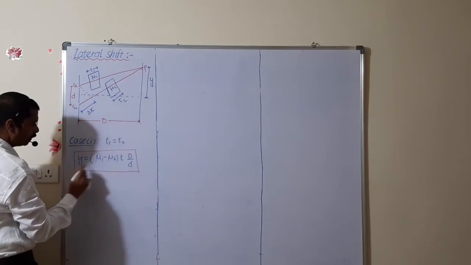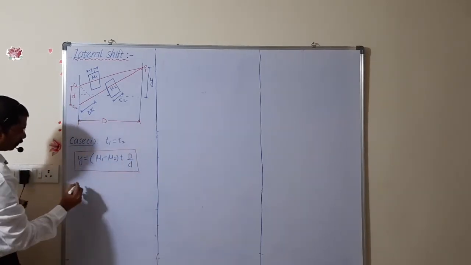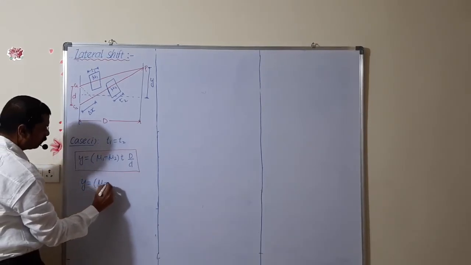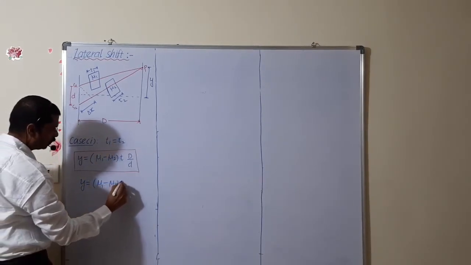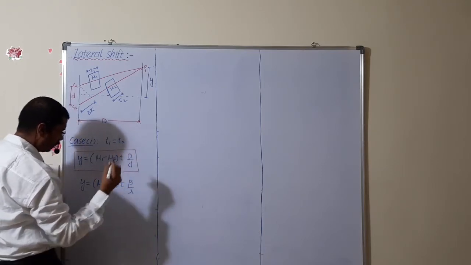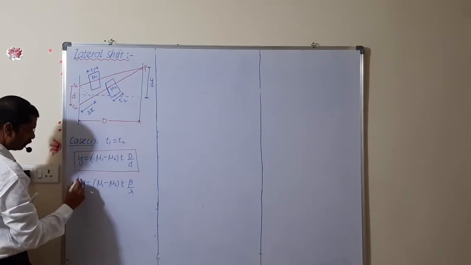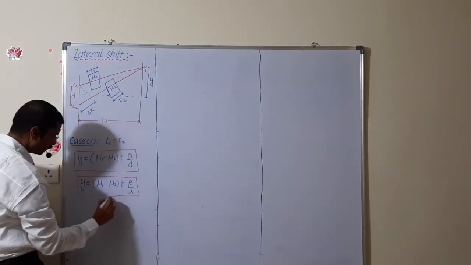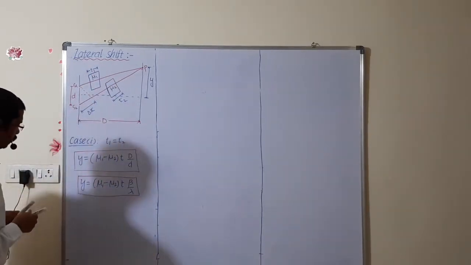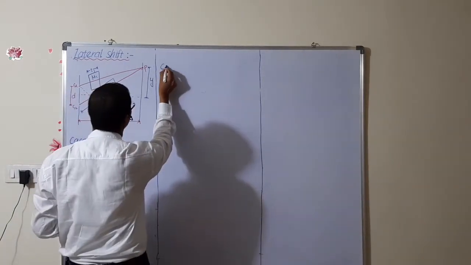If you take this in terms of angular, linear, the shift is equal to (mu1 minus mu2) into T beta upon lambda. This is also another formula for lateral shift.